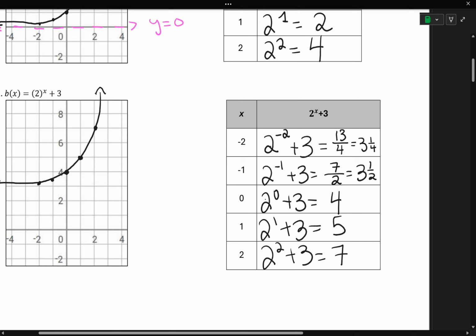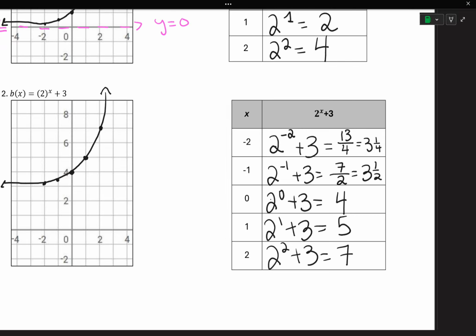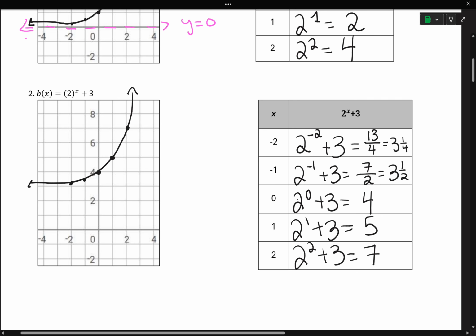As my x's get smaller, so from -1 to -2, my fraction is getting smaller, but the whole number isn't. So we have an asymptote for number 2 at y equals 3. It moved up with the graph. And as you know, the coordinates that go up and down are our y's.